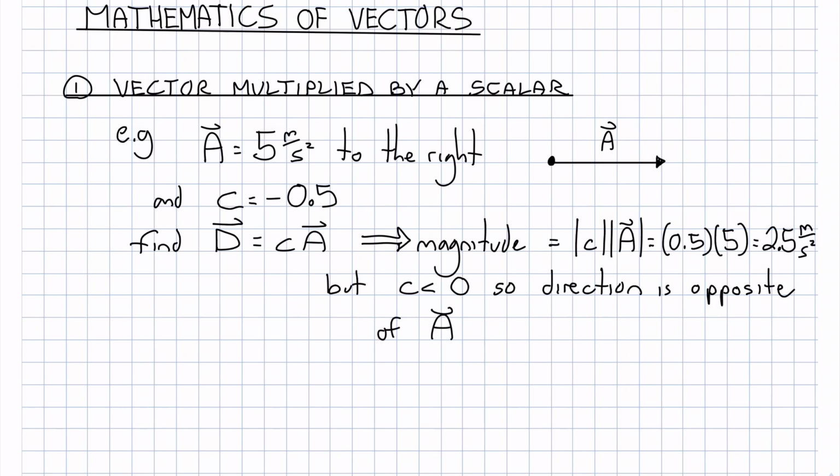I'll draw the vector here pointing in the opposite direction and about half the length of vector a. And I'll make it more explicit here and write that down: you can see that the vector d is half the length of vector a and points in the complete opposite direction, in this case to the left.